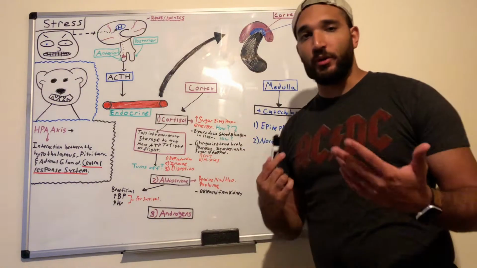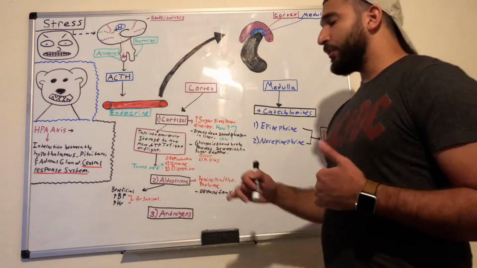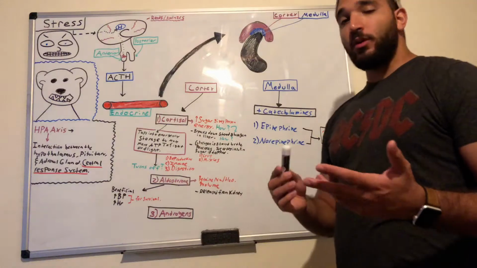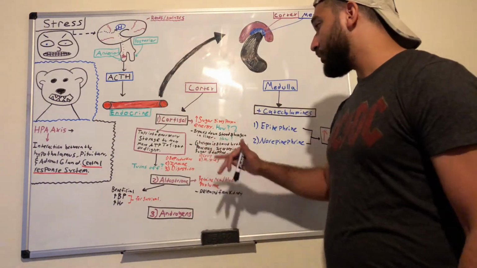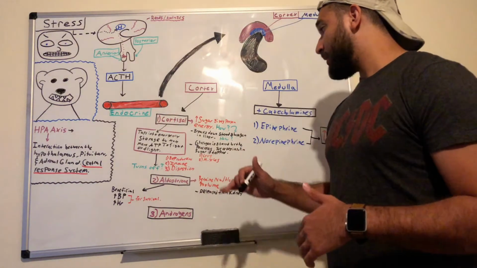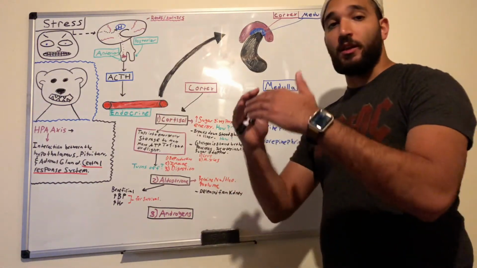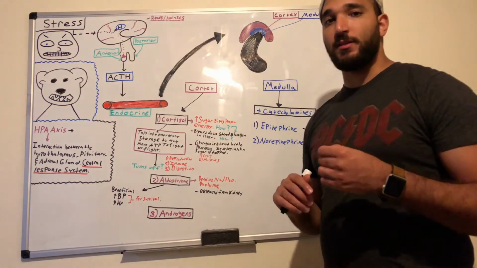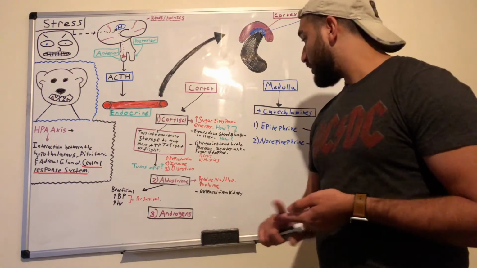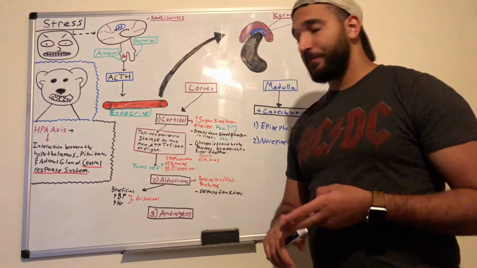So how is it going to do that? Well, it's going to break down stored glycogen within the liver. Glycogen is stored by the pancreas, which secretes insulin, therefore dropping the amount of sugar. It does this in two ways: it sends sugar into the cells and into the muscles.